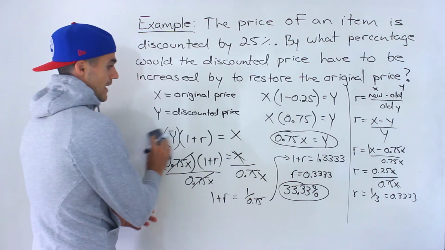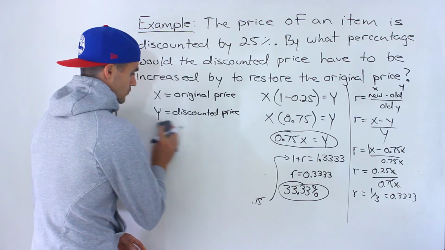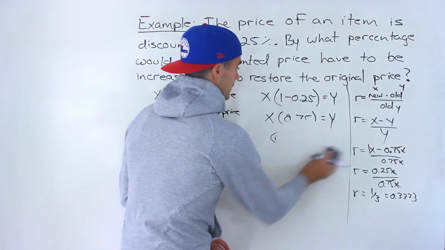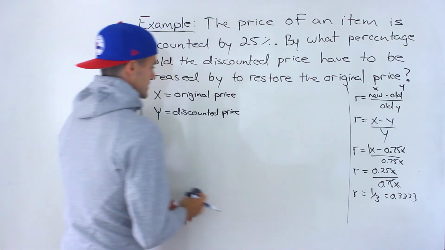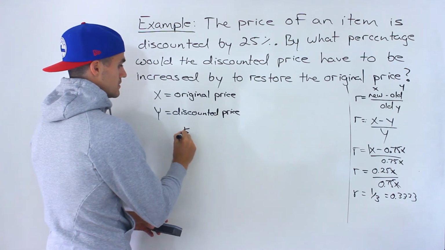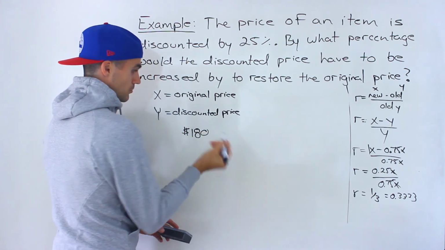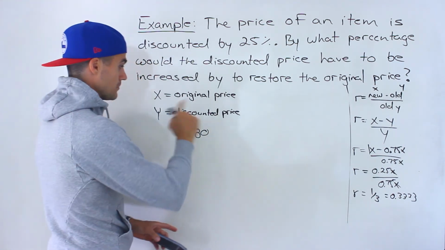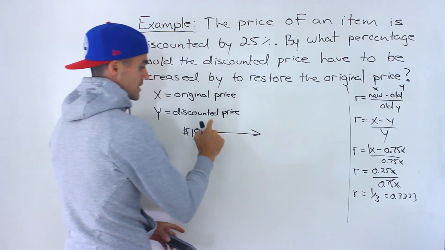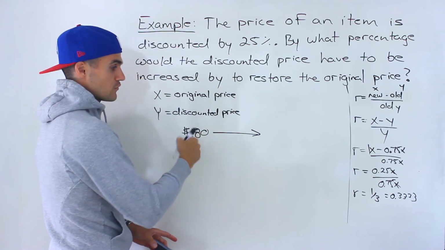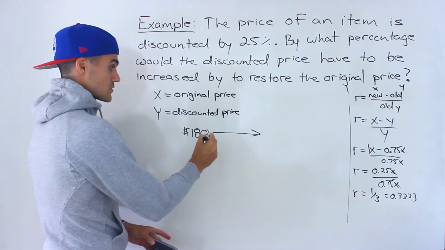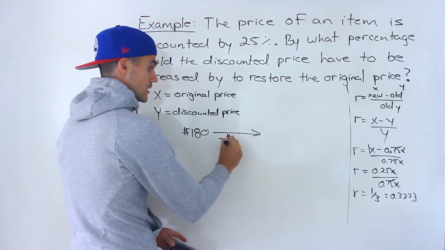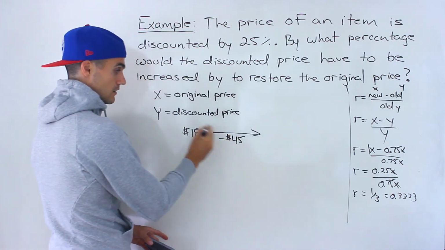Now, if you tried this with actual numbers, you could take yourself through a scenario. Let's say we start with 180. That's the original price, and let's say we discount it by 25%. What's 25% of 180? Well, that's going to be 45. So we're going to discount this by $45, by 25% of 180.